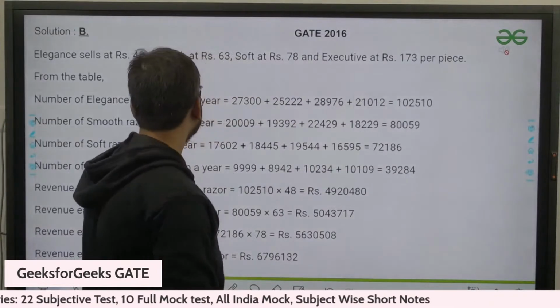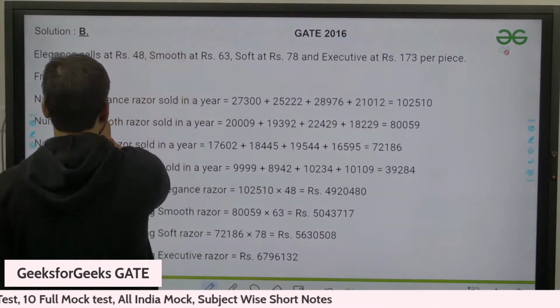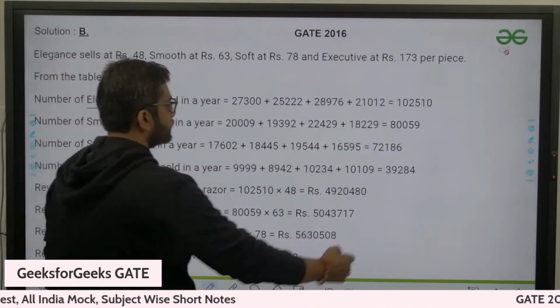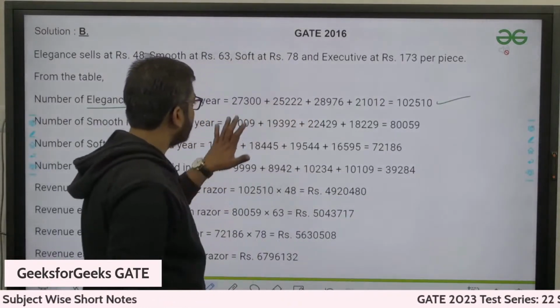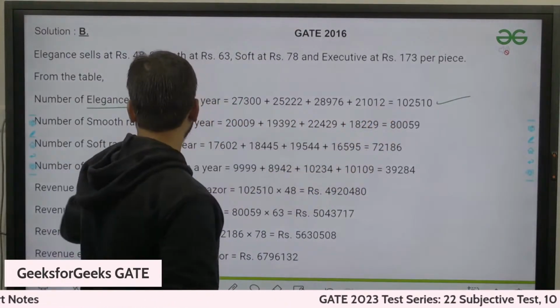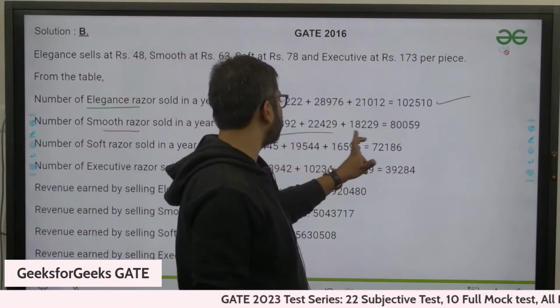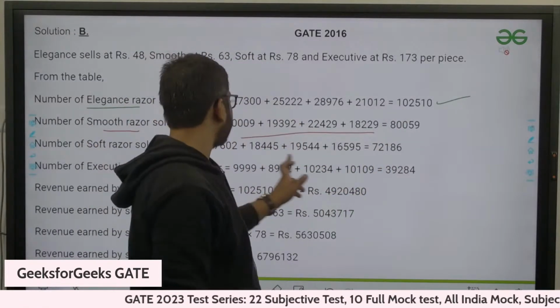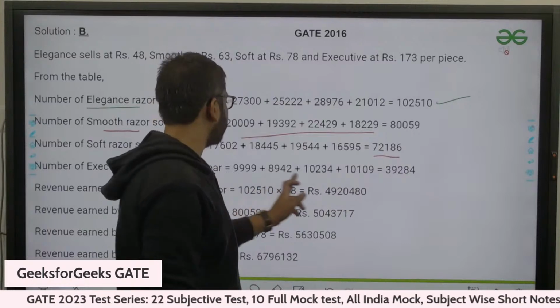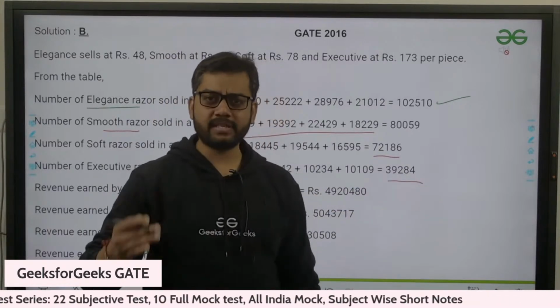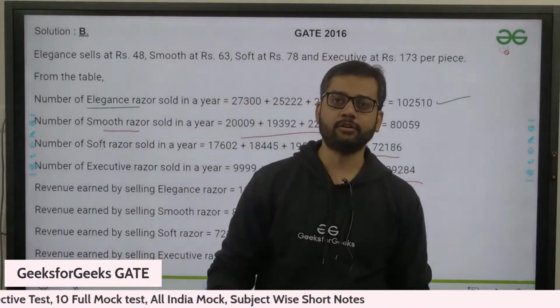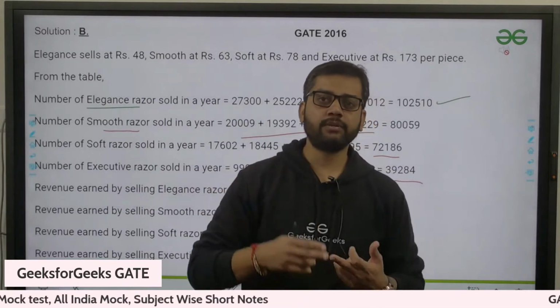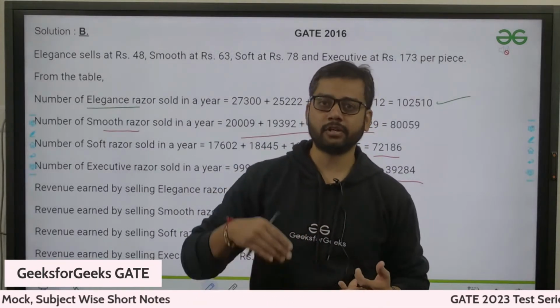See, the number of elegance razors sold: whatever data was given for the elegance razor, I have written it here. The smooth razor is this, the soft razor is this, and the executive razor is this. So this is simple, basic addition for calculation. You have to do Q1 plus Q2 plus Q3 plus Q4 for every razor.